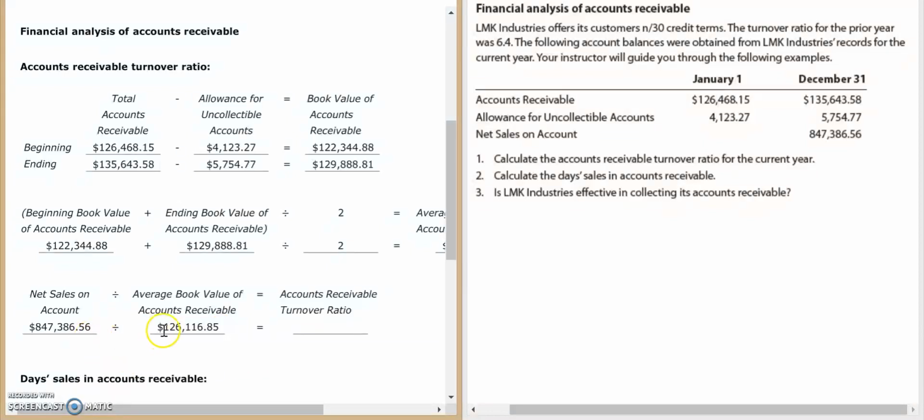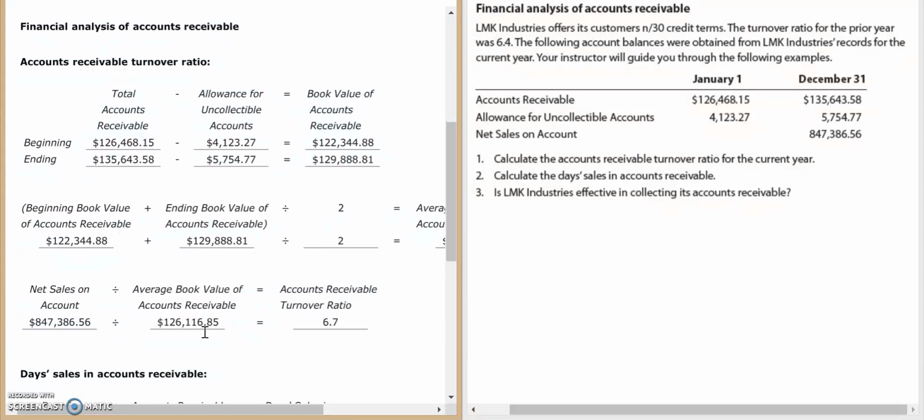And when you do that calculation, you end up with an accounts receivable turnover ratio, rounding correctly, of 6.7 times, which means that on average, we turn over that average book value of accounts receivable, we collect that, 6.7 times throughout the year.